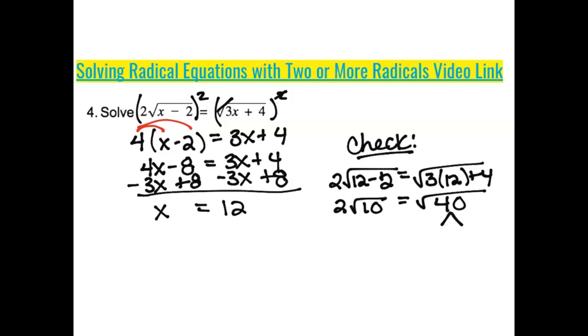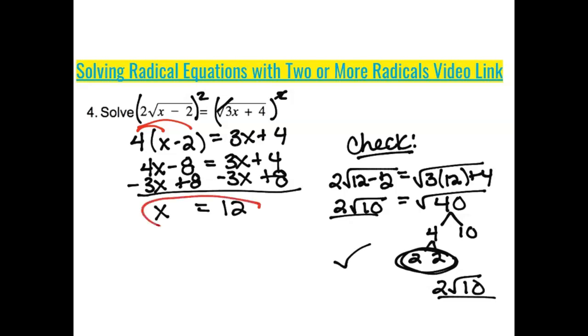Now if you remember, we learned how to simplify our square roots here. So if I make my factor tree with 40, I've got 4 and 10, that's 2 and 2. That means I can pull out a pair of 2's, and I'd be left with 2 square root 10. So I can see that 2 square root 10 and 2 square root 10 are the same thing. I know that I've done this correctly, and x equals 12 is my final answer.